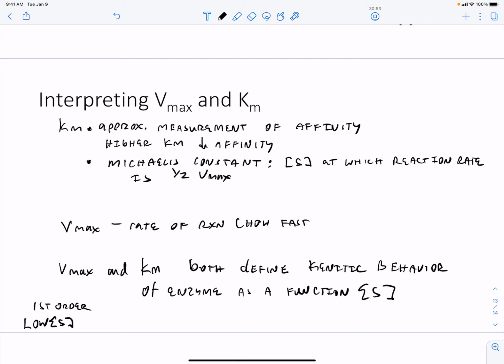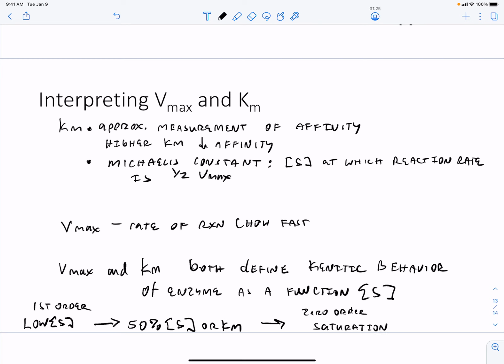And then when you reach the Km, that is where you have half of the Vmax, so half of your enzyme pockets are full of substrate. And then you go to zero order, in which you have saturation.